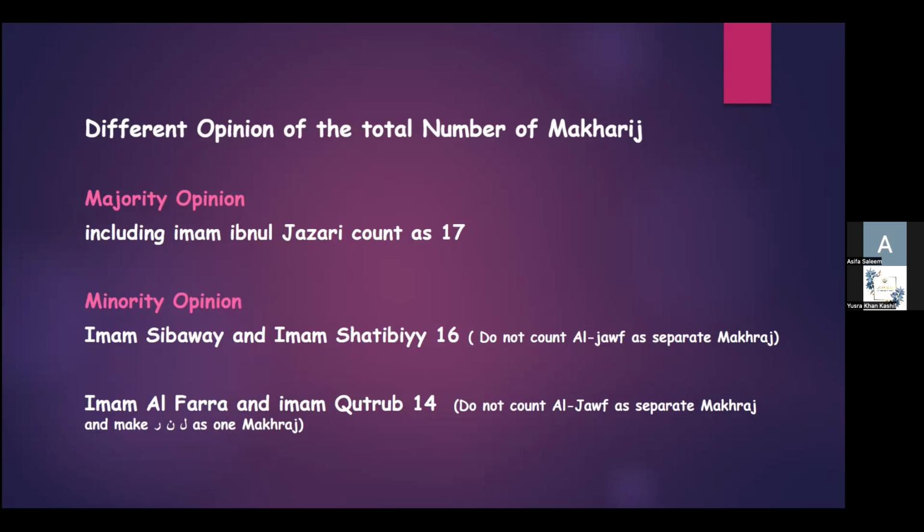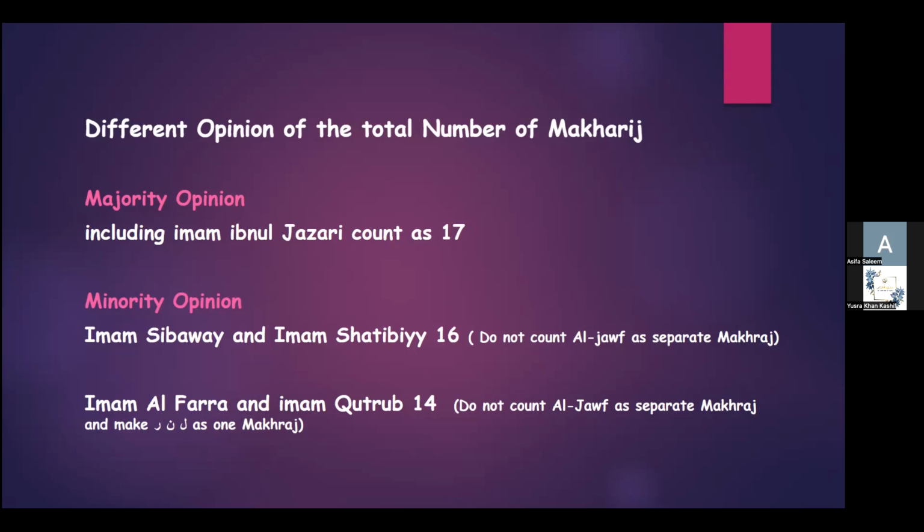According to Imam al-Farra and Imam Qutrub, these scholars count the total makharij as 14. Again, they do not count al-Jawf as a separate makhraj, and also consider the lam, noon, and ra as coming from one makhraj rather than from 3 different makharij. So this is based on their scholarly opinion.